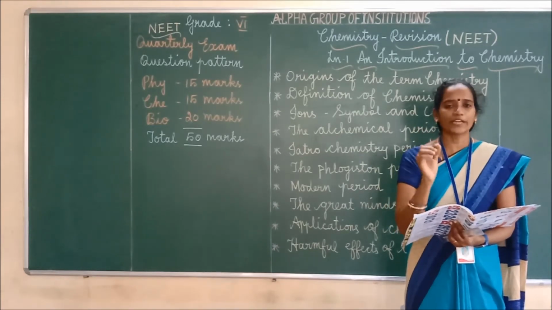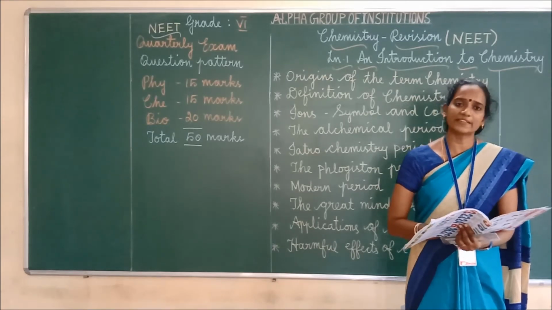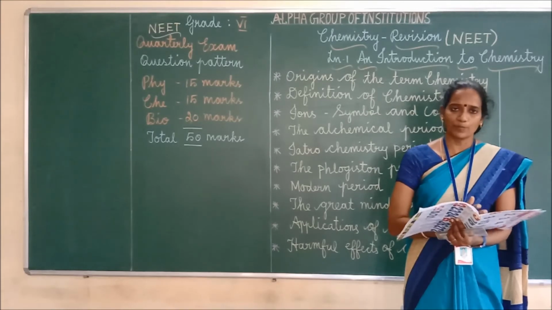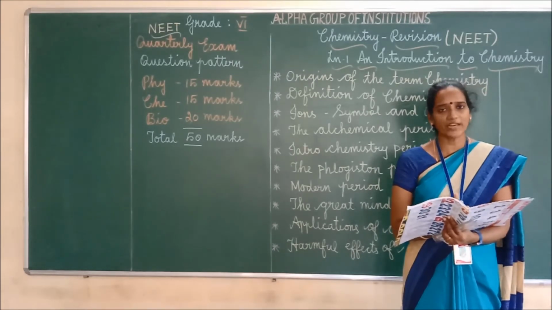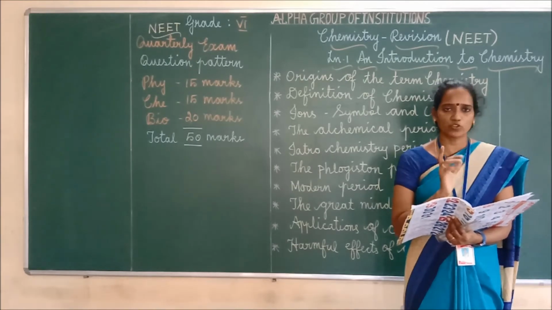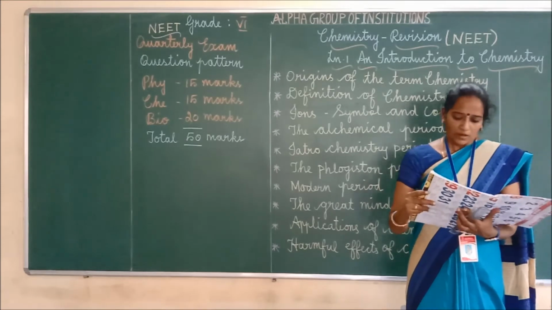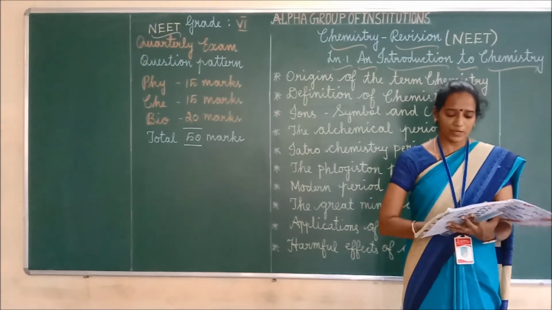At the same time ferrous ion means it is light green in color. So you have to read the symbol as well as color of cations as well as for anions. Okay, so you will get one question from this type. Understood?